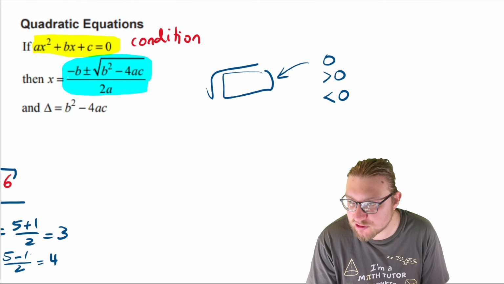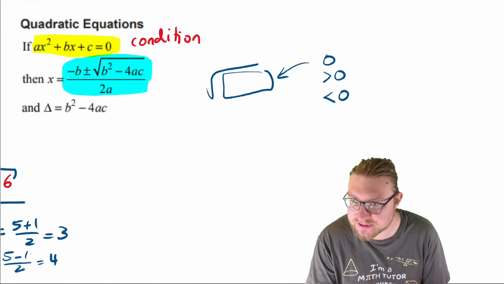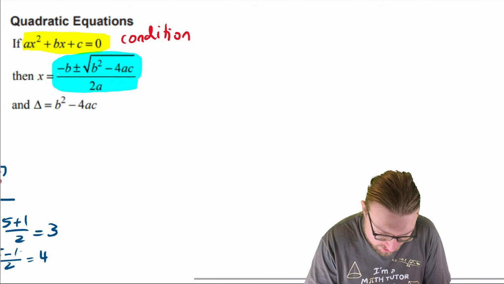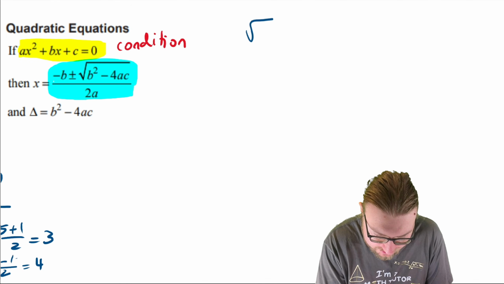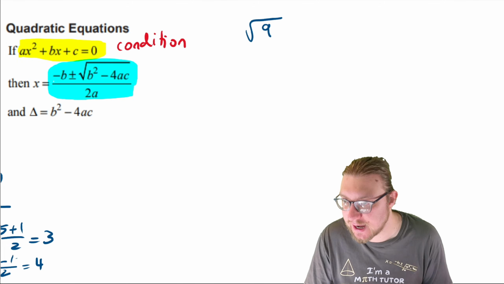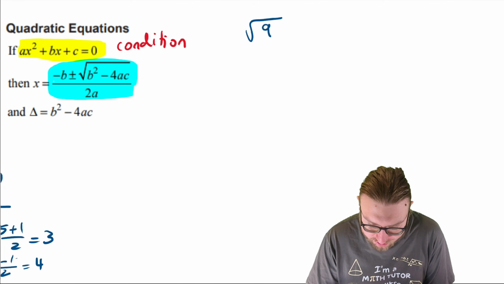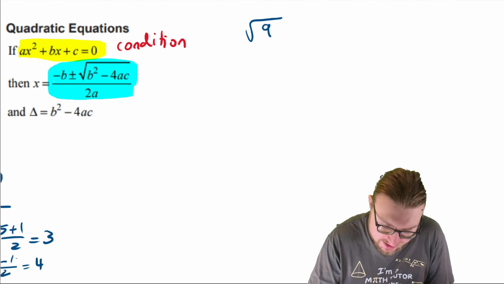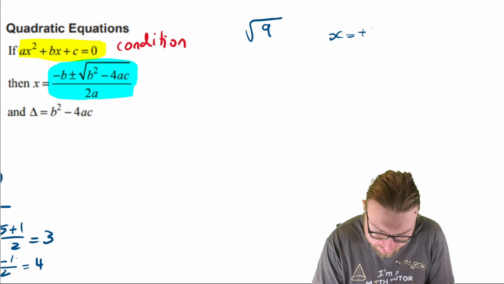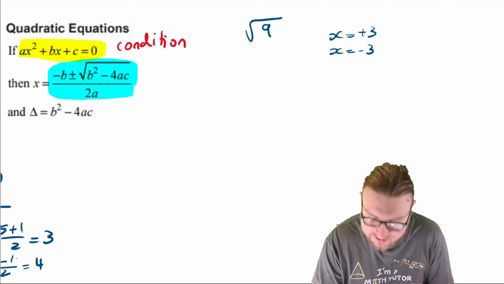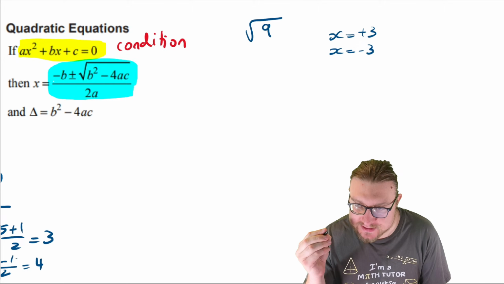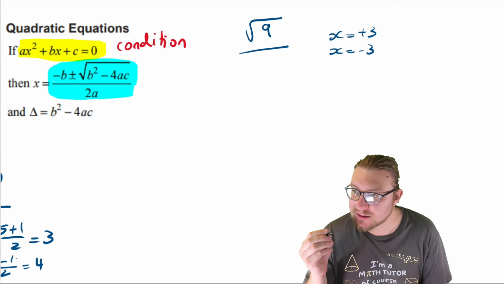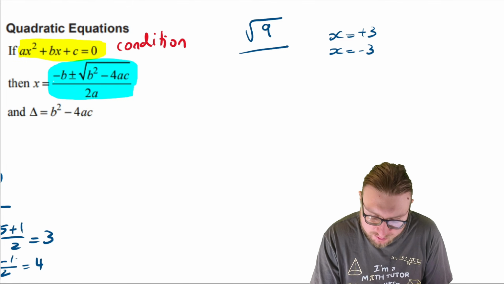In all three situations, something completely different happens for each situation. So let's have a look if we have the square root of a positive number, let's say 9. If we have the square root of 9, well, there are actually 2 ways to get to 9, which are positive 3 and negative 3. Now here's the thing. When we write the square root of 9, that actually gives us only the positive option.